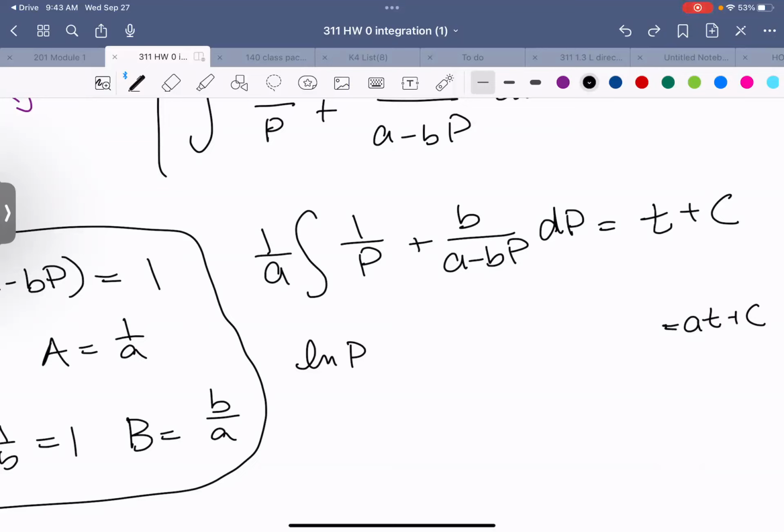And then this one here is a baby u-sub. If you take a u-sub for a minus bp, then your du is negative b dp. And that means that this is minus the natural log of a minus bp.